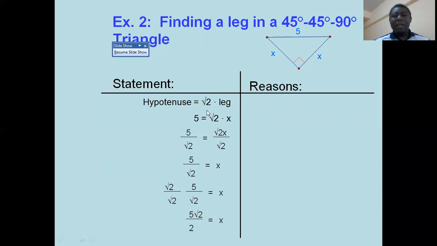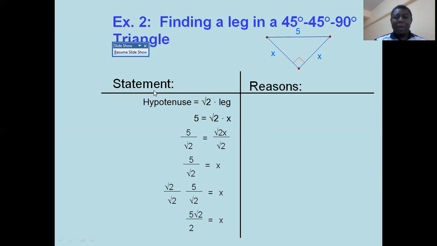The main thing in this solution is to remember that the hypotenuse is equal to square root of 2 times a leg. If you have this formula in your mind, then you just have to apply it here.